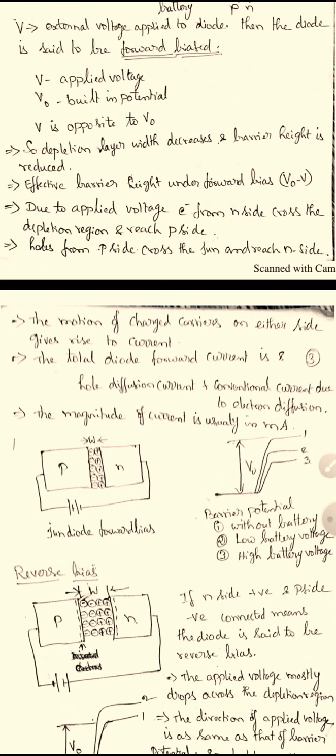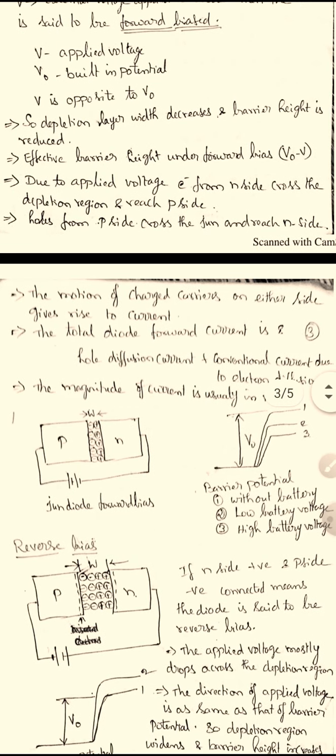The magnitude of current is usually in milliamperes. Okay, in this graph diagram, the barrier potential graph without battery is denoted as 1, number 2 is for low battery voltage, and 3 is for high battery voltage.